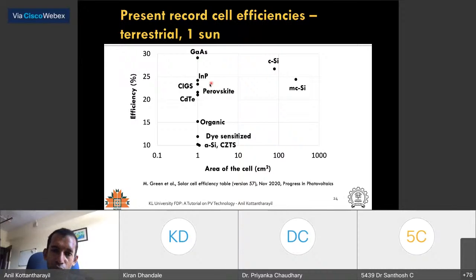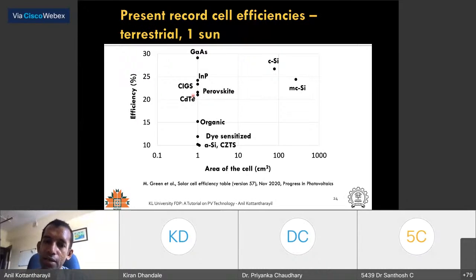But these are thin films, typically deposited by various thin film deposition techniques like CVD, sputtering, and things like that. The problem is that the defects in those materials, when deposited by these techniques, are fairly large.